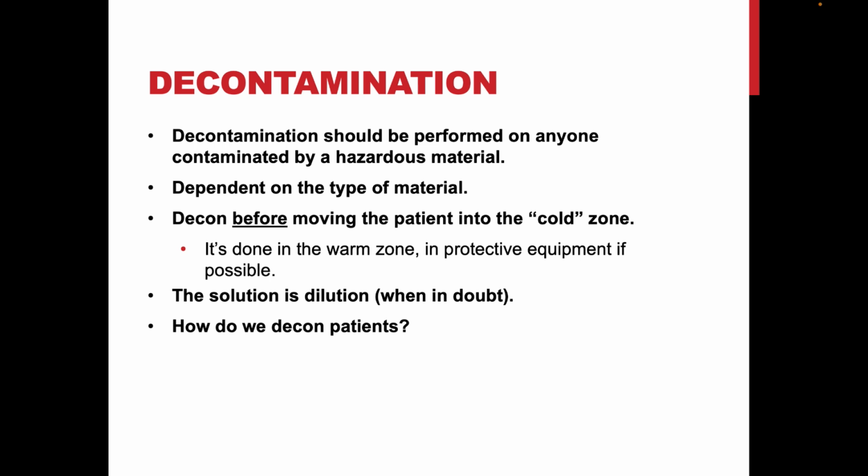If it's a powder, typically brushing it off and then rinsing the skin is enough. We want to make sure that we decon the patient before moving them into the cold zone. If it's done in the warm zone, then we've got all the personal protective equipment to protect the people that are actually doing the decon. When you don't know what to do as far as decontamination, the solution is dilution, meaning get them wet.